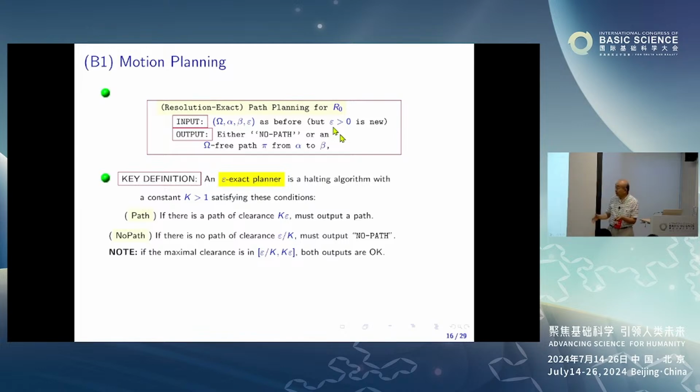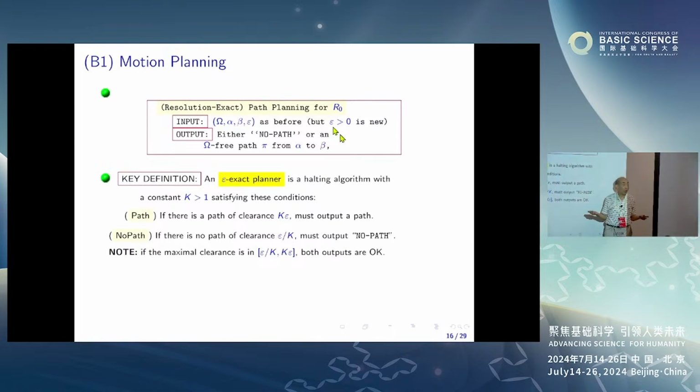So if there's an epsilon, over is not, because the epsilon over 2 and 2 times epsilon both are okay. Consider an answer. Okay, resolution.